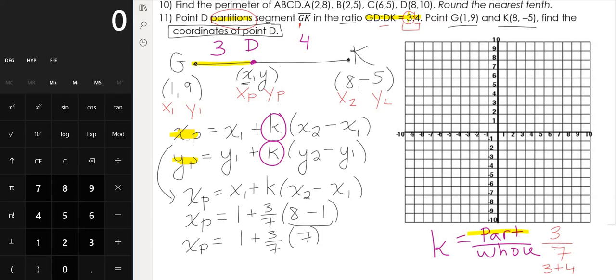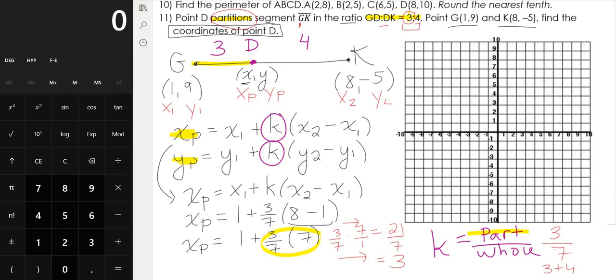And now the next step is we're going to multiply these two things together. 3 over 7 times 7. If you don't know how to do that math, I'm just going to do it on the side right here. 3 over 7 times 7, put it over 1, and multiply across. 3 times 7 is 21. 7 times 1 is 7. 21 divided by 7 gives you 3.